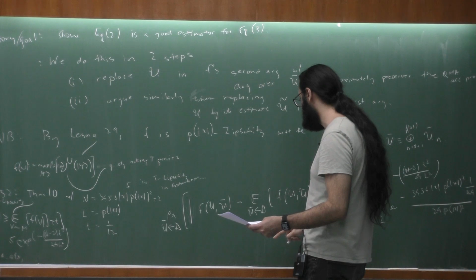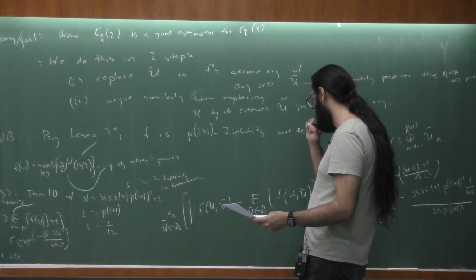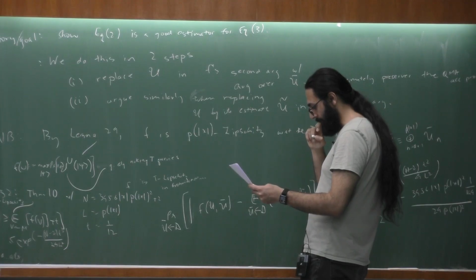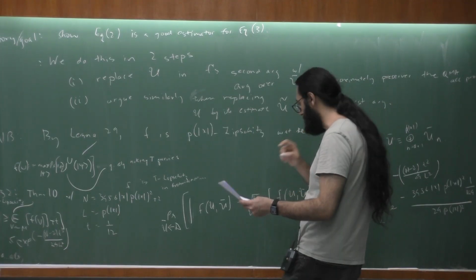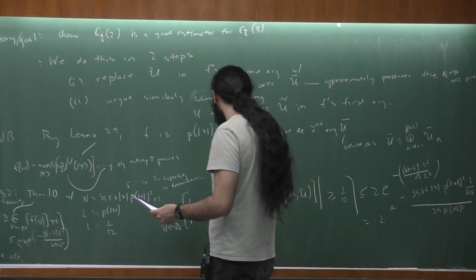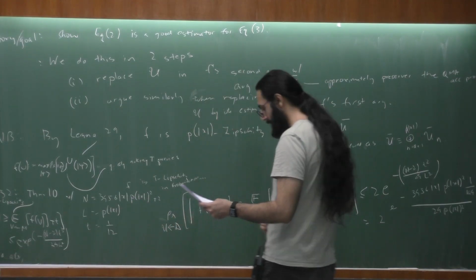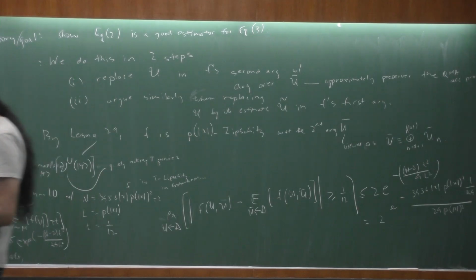No, but it was fine. Maybe there should be a u tilde somewhere. And the probability must be over ū. Yeah, no, you're right. Well, let me check. I think the first argument should stay the same, right? Otherwise it doesn't work. Thank you for spotting that. Let me check if it's something non-trivial or I just miswrote the statement.